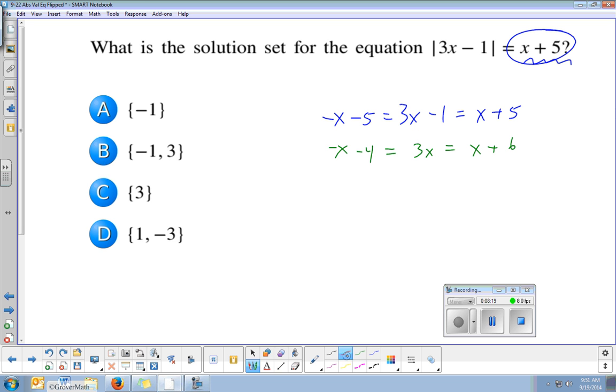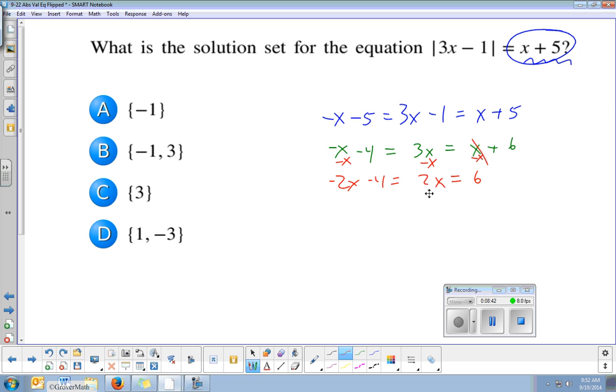Let's try that. And if I minus x, I'll end up with negative 2x minus 4 equals 2x equals 6. And so why did I minus x everywhere? Because I wanted to remove this x here. So if I minus that x, it would cross out. But I need to do it everywhere if I'm going to keep it balanced.